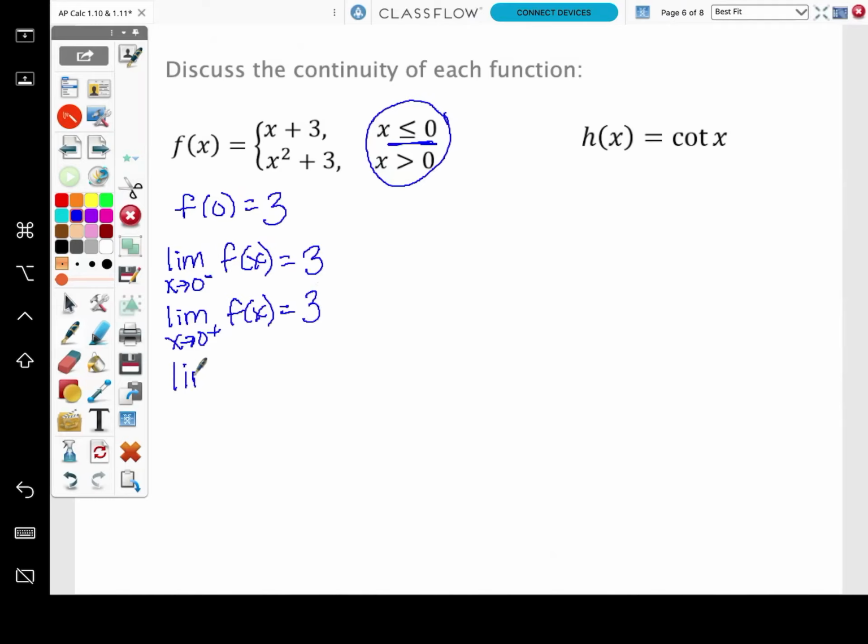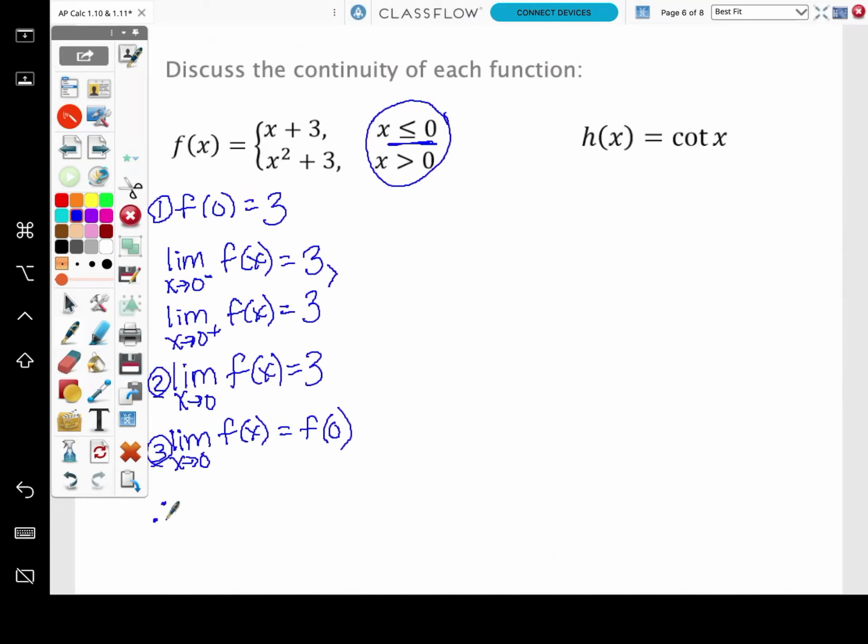So I know that because these two are the same, the limit as x approaches 0 of f of x is 3. Now because the limit as x approaches 0 of f of x is equal to f of 0, and because this is true, well, we had our first thing there, our second item there, and our third there.